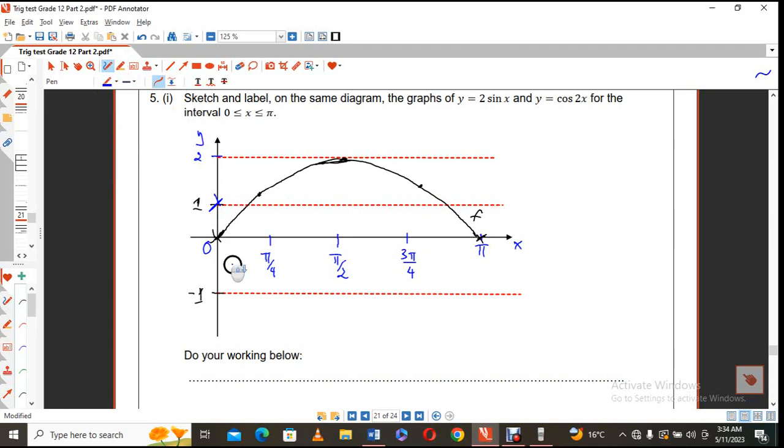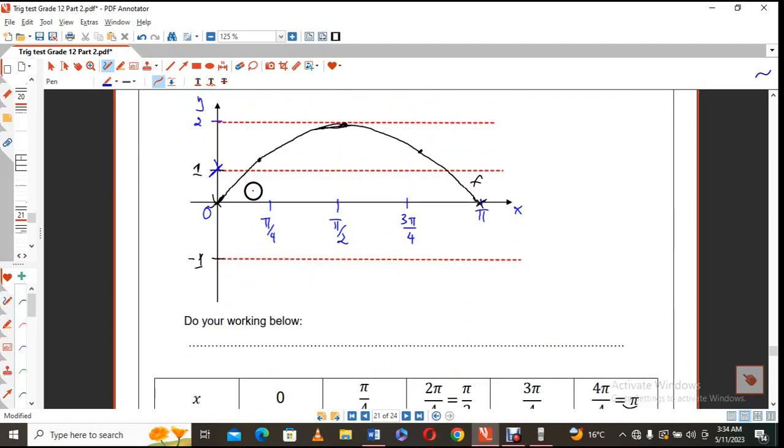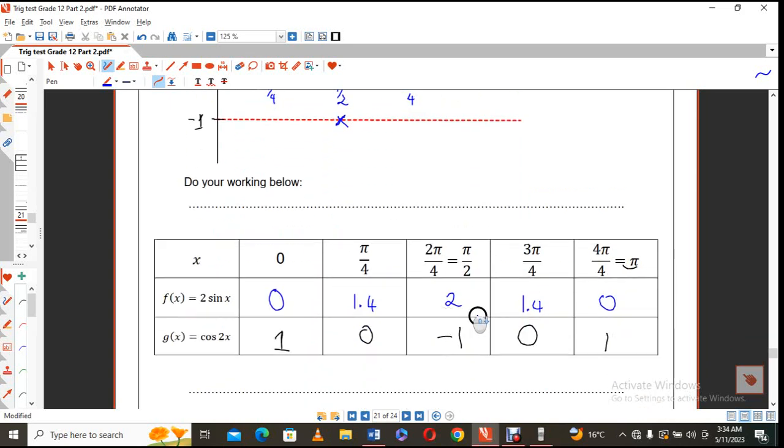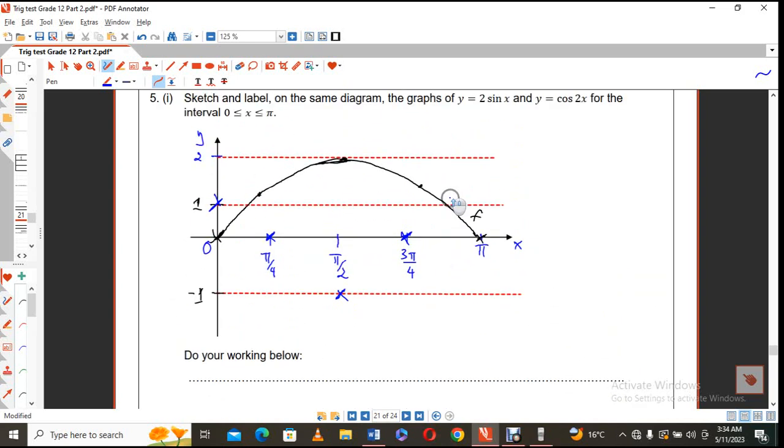When it's pi over 4 radians, I have 0, so it's going to definitely cut here. When it's pi over 2, it is nothing but -1, so -1 being somewhere here. When it's 3 pi over 4, I have 0 again, so it comes back up, and then this is where it's going to cross. And when it's pi radians, you will see that it is 1, so when it's pi here, 1 is somewhere up there.